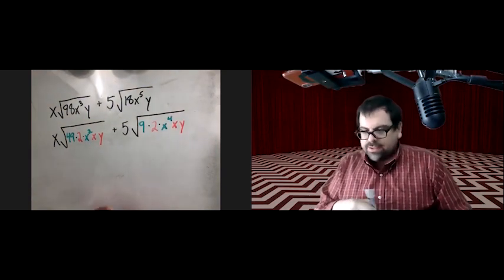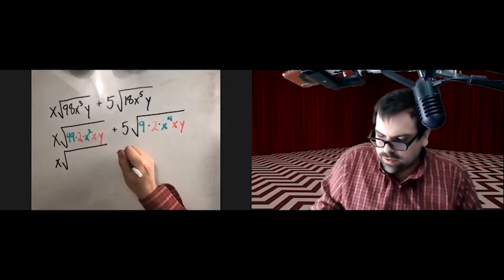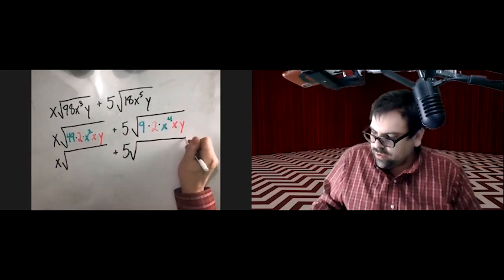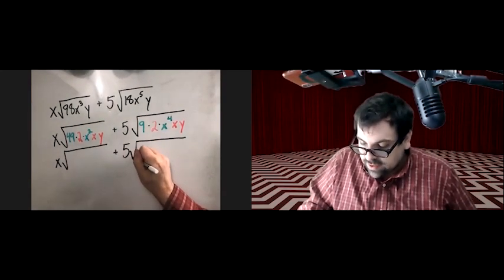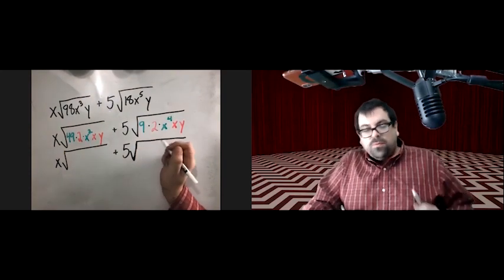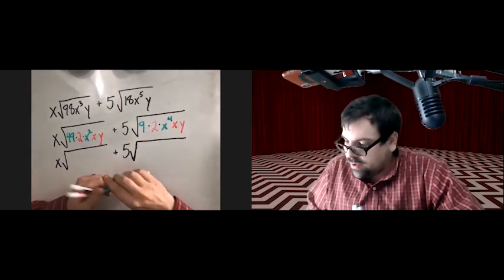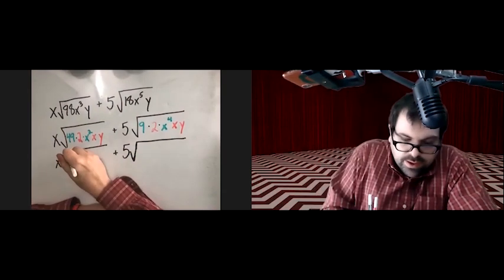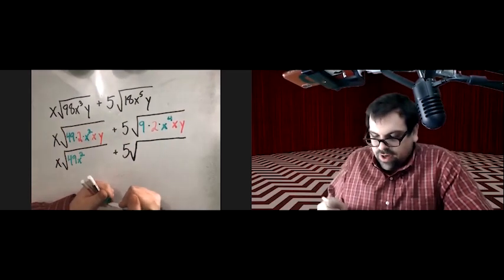What did I do next? Well, continuing under the radical, and with practice, you might be able to get to the point where you can do some of these steps in your head. That's good if you get there. But you have to understand why we're doing the things we're doing. I'm going to put the perfect square factors in the front.